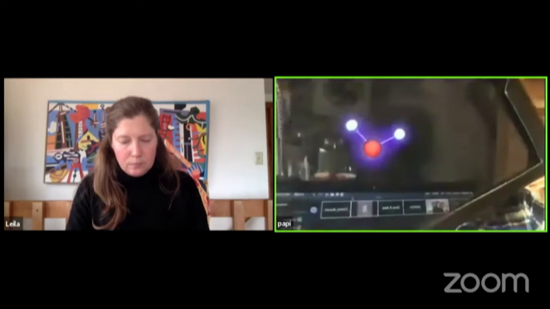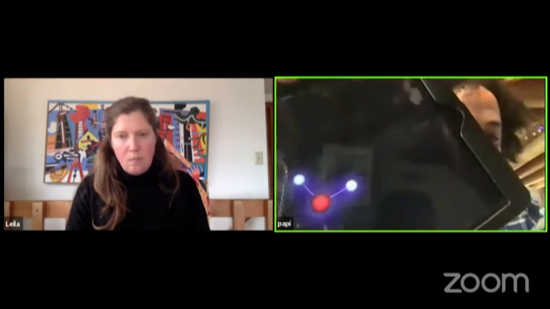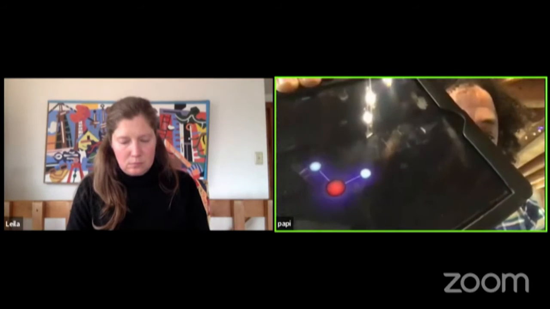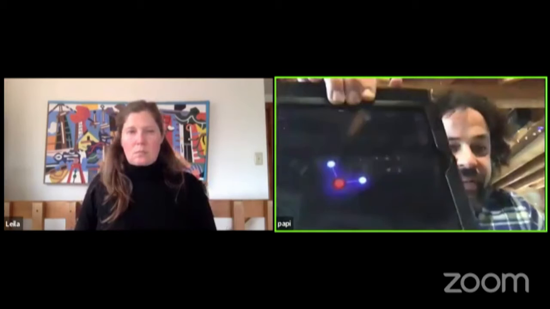But this is a challenge for those of you looking at this. Why do you think those atoms aren't in a straight line like in carbon dioxide? Or does this look like a picture that's incomplete? Is there something missing from this picture that would make it nice and pretty and symmetrical?